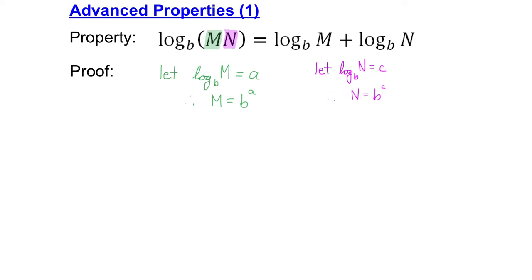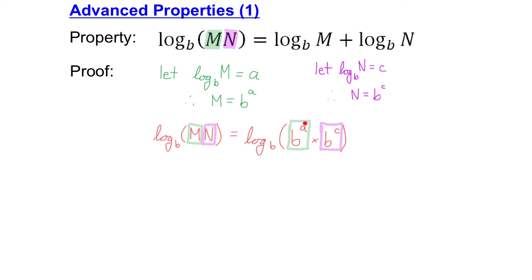Okay, so I've highlighted and tried to color code here. So m is equal to b to the exponent a, n is b to the exponent c. That's going to come in handy right now, you'll see why. So log base b of mn, I'm going to replace m with b to the exponent a, n with b to the exponent c.